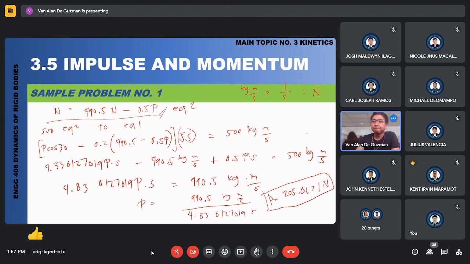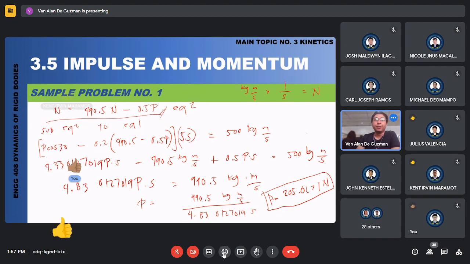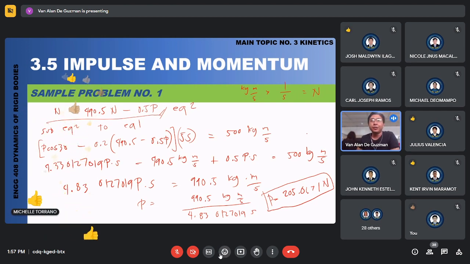Okay? Okay, very good. So that is our solution for our problem involving the principle of linear impulse and momentum. Any questions so far? Okay, very good.